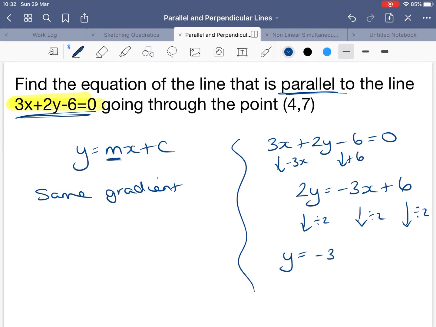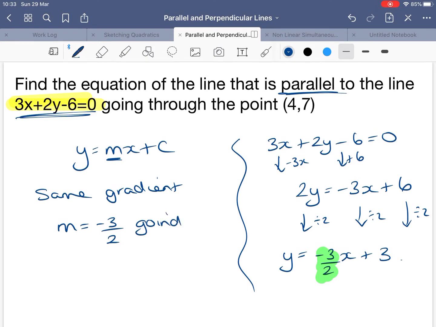So I'm going to get minus 3/2 x plus 3. So I have the gradient of my line. And I know the gradient of this line is the same. So my gradient must be minus 3/2.